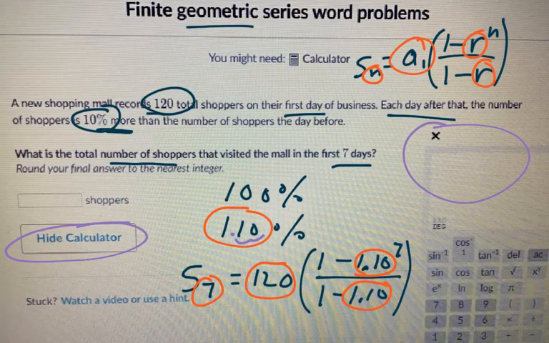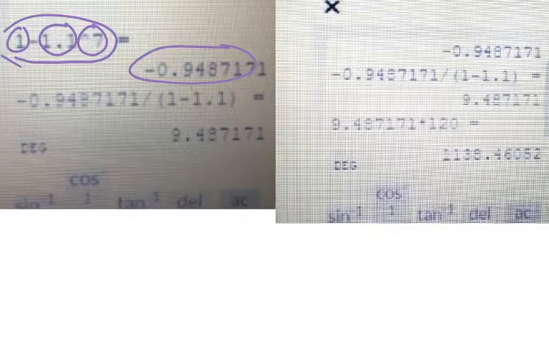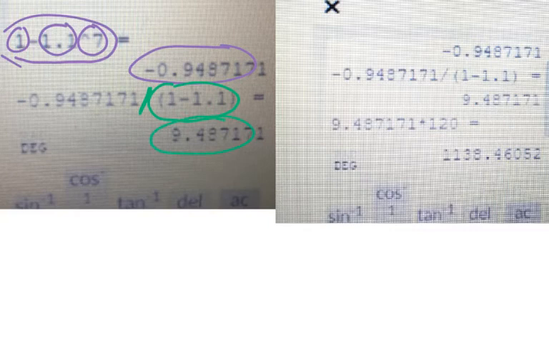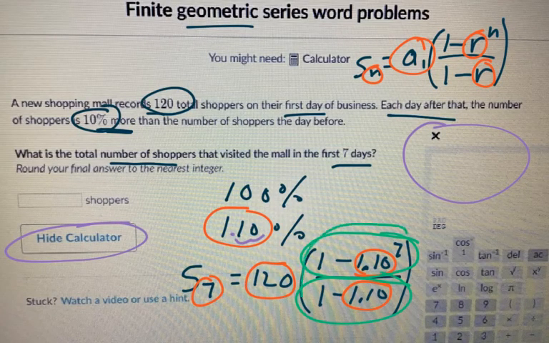So I did basically what I'm circling in green, guys. Now I'm going to divide by 1 minus 1.1. So I'm dividing by, in parentheses, 1 minus 1.1. So now I get this multiplied number. From there, guys, I just did all of this. All I need to do now is just times by 120, and I'll get S sub 7, the sum of the first 7 days.